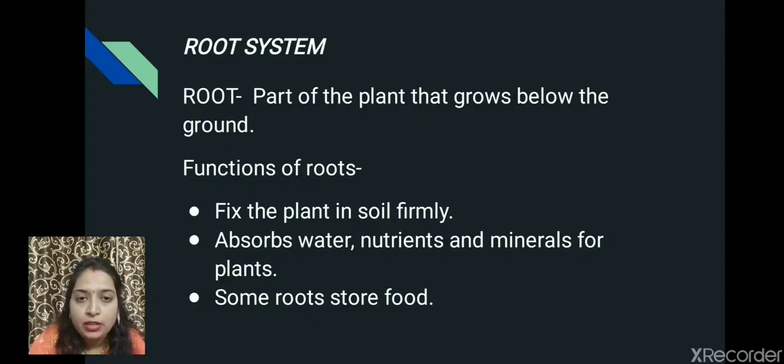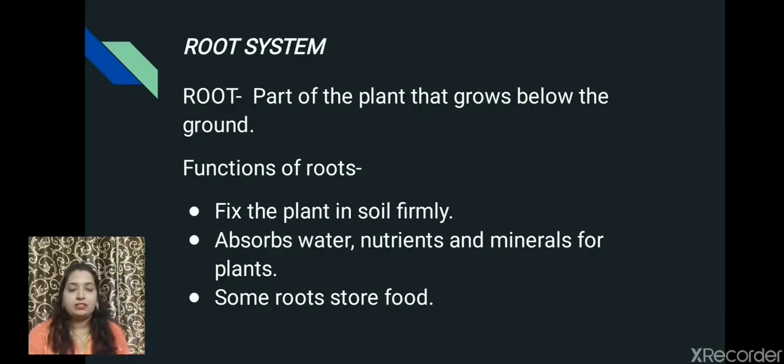So how are water and nutrients supplied to a plant? They are supplied through soil. And which part of the plant helps these nutrients and water to be absorbed from the soil? Root. So that means root helps in absorbing water and nutrients from the soil, and it helps a plant to make its food.